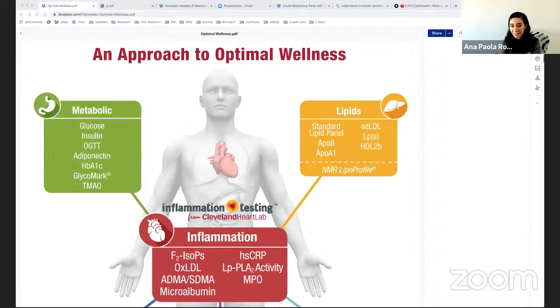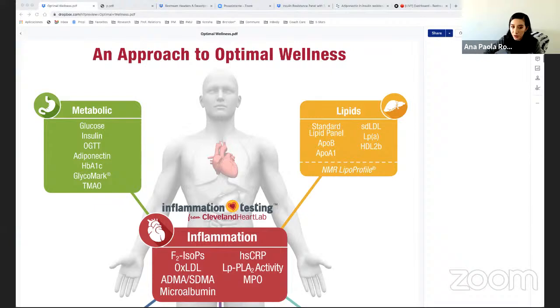But let's think about it for a second. Adiponectin has 3 different isoforms: high density adiponectin, low density adiponectin, and medium density adiponectin. What studies have found is that the high density adiponectin is the type that will have the most anti-inflammatory effects.